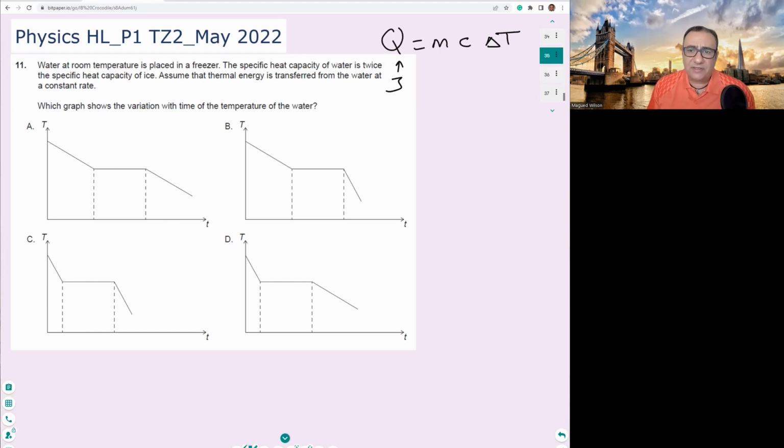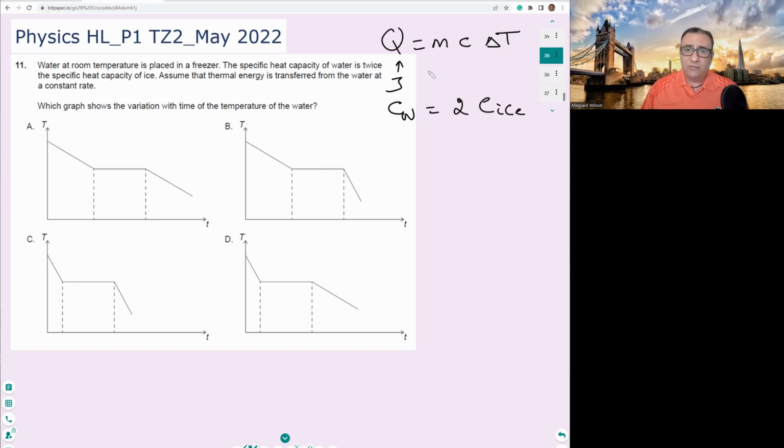So if I think physics, I ask: what is the definition of specific heat capacity? Let's say c_w is equal to 2 times c_ice. Now I need to think physics. What is the definition of specific heat capacity?